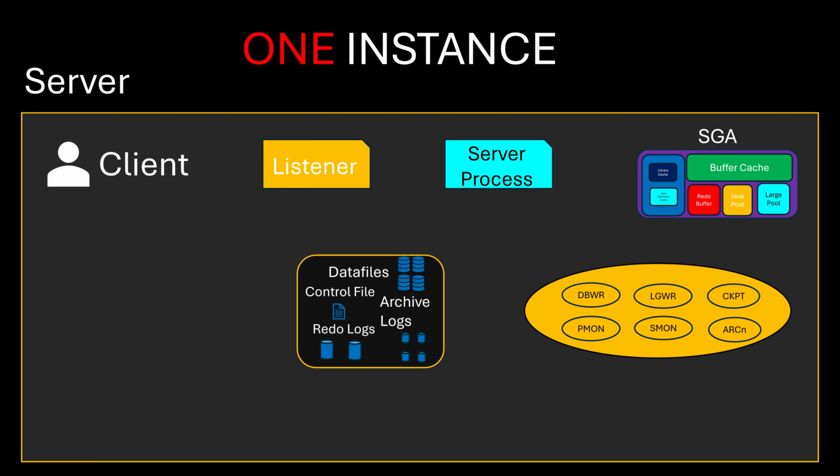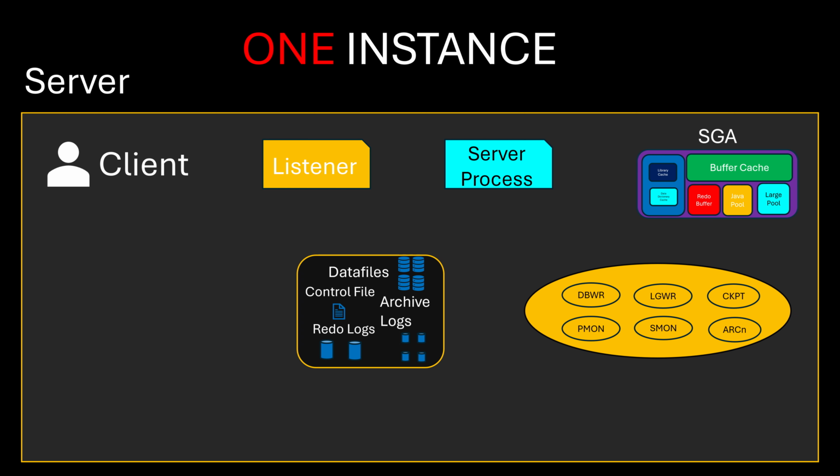If the SQL is not found, Oracle performs a hard parse. During this process, Oracle evaluates statistics, histograms, cardinality estimates, and optimizer calculations before generating an execution plan. Once the execution plan is ready, Oracle brings the required blocks from data files into buffer cache and executes the statement.